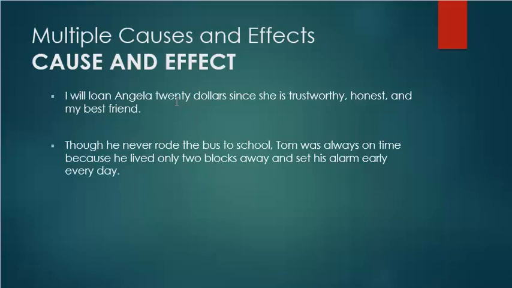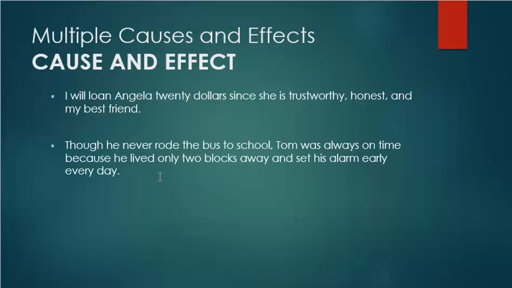So what happened first? Well, first of all, we have multiple causes. We know Angela is 1, trustworthy, 2, honest, and 3, the best friend. That's the cause, and the effect is that you will loan her $20.